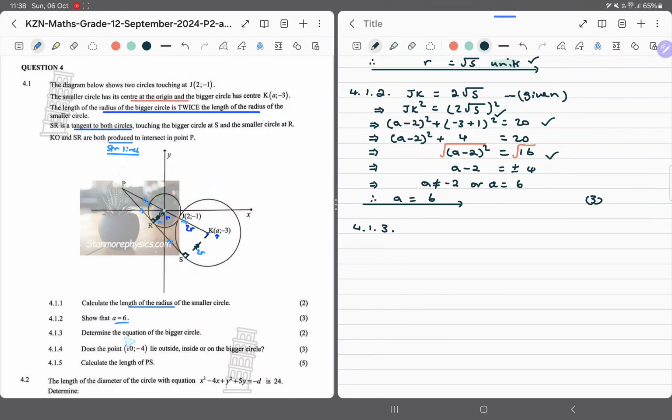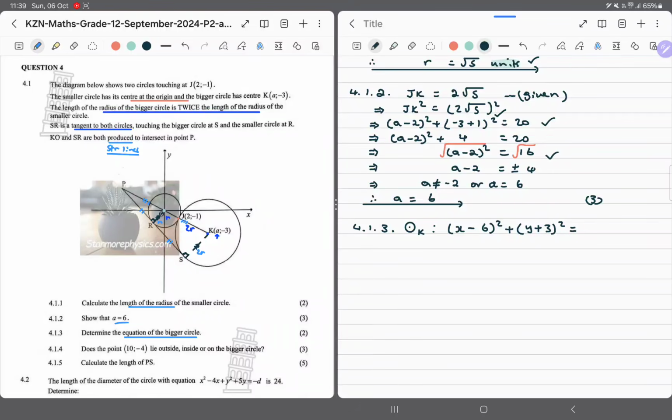Right. So this is 4.1.3. We need to determine the equation of the bigger circle. Easy stuff. So we know that circle K, we always define the circle by its center. This is going to be x minus 6 all squared plus, now this is y plus, no, plus 3, sorry, all squared equals, and then we know the radius now.